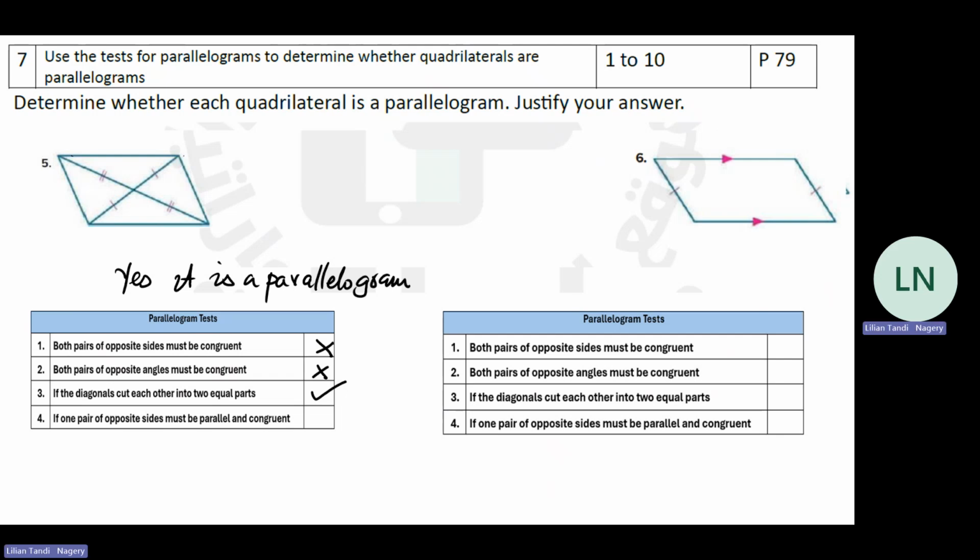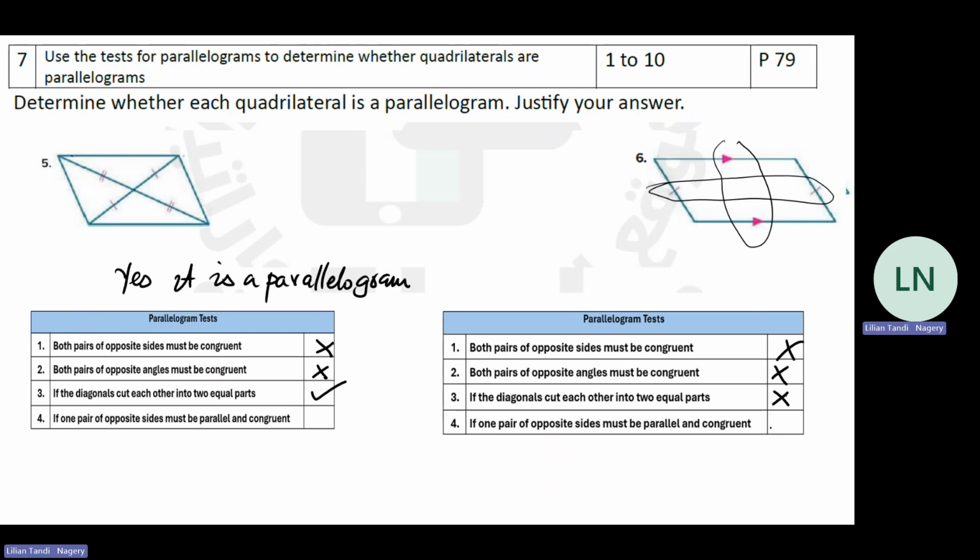Okay, both pairs of opposite sides must be congruent. I only have 1 pair. So la. Both pairs of opposite angles, there's nothing like angles marked over here. There's no angle marking, so I'll say la. My picture does not have diagonals, meaning there's no this line here. Because I don't see those 2 lines, I'll say la. 1 pair of opposite sides must be both parallel and congruent. I don't have that. This is only parallel and this is only congruent.